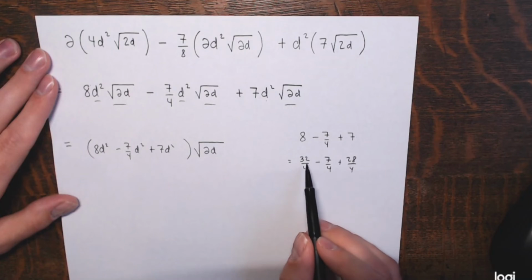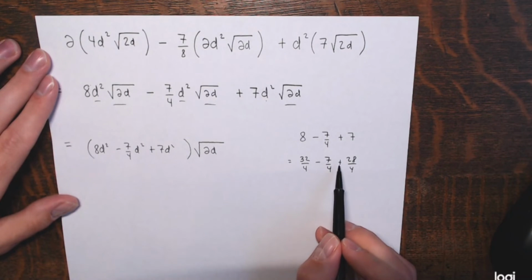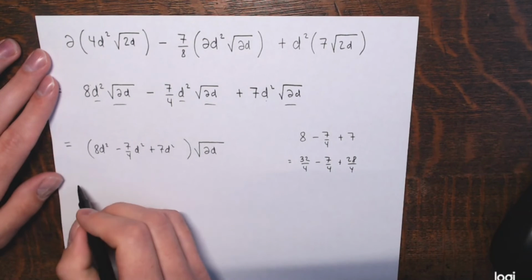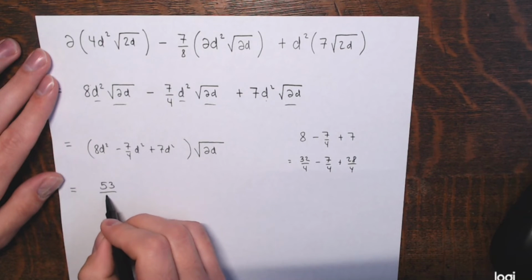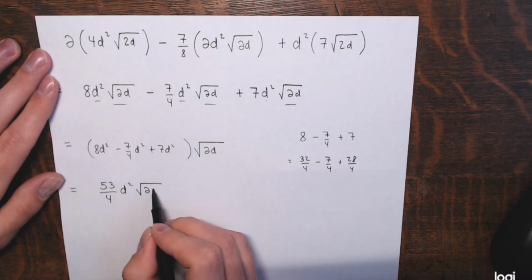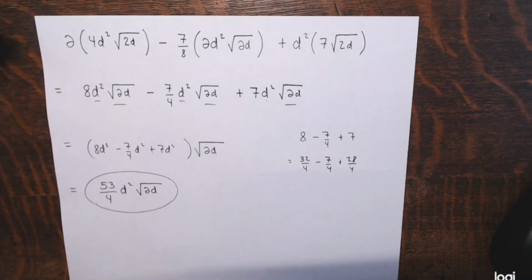And 32 minus 7 would be 25. And 25 plus 28 is 53. So this is 53 fourths. 53 fourths d squared times that square root of 2d that was common. And there you go. And we are asked to leave things as an improper fraction.